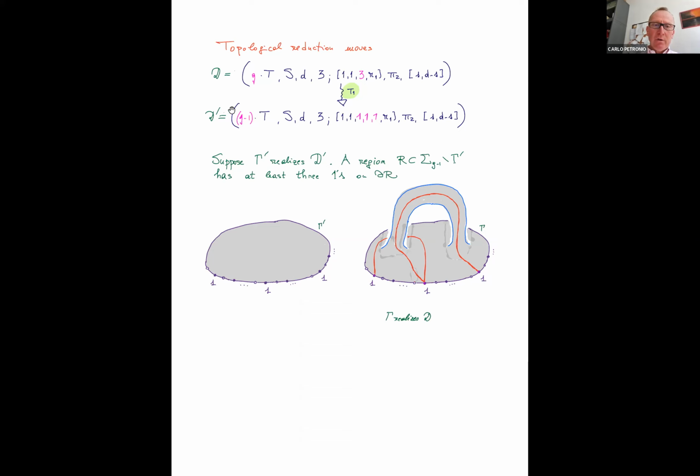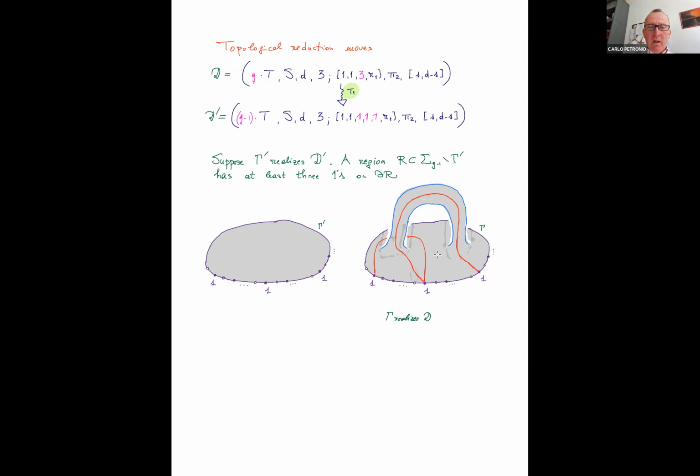Then, knowing that this is realizable, I want to show this is realizable. So I want to increase the genus and replace the 1, 1, 1 by a 3. And this is the way to do it. So you see the complement in this. So this is a disk. This, if you disregard the red edges, is a one-punctured genus 1 surface.